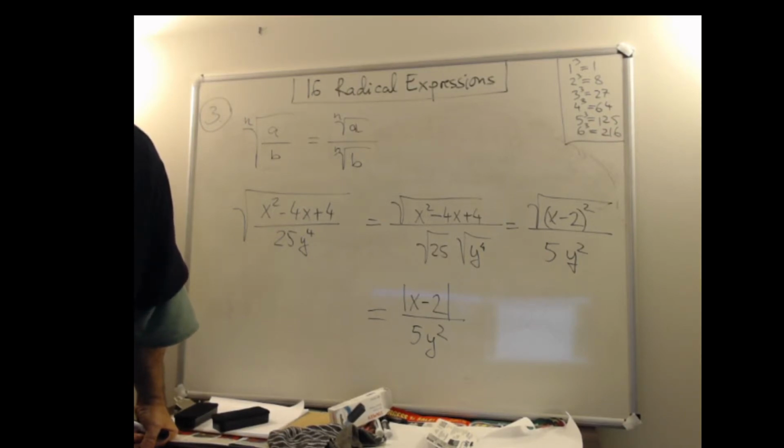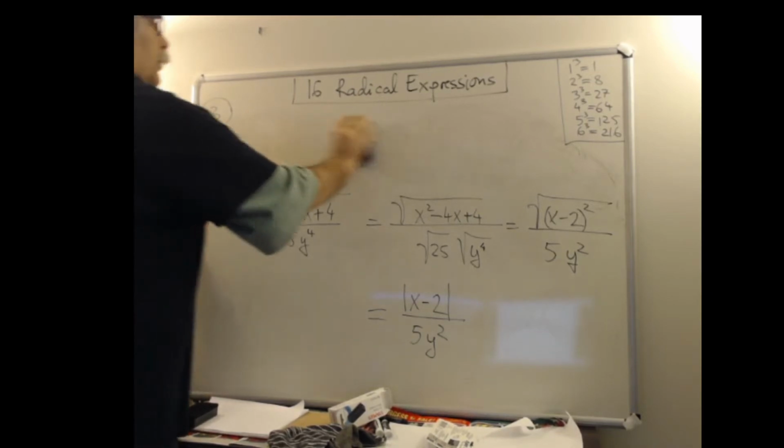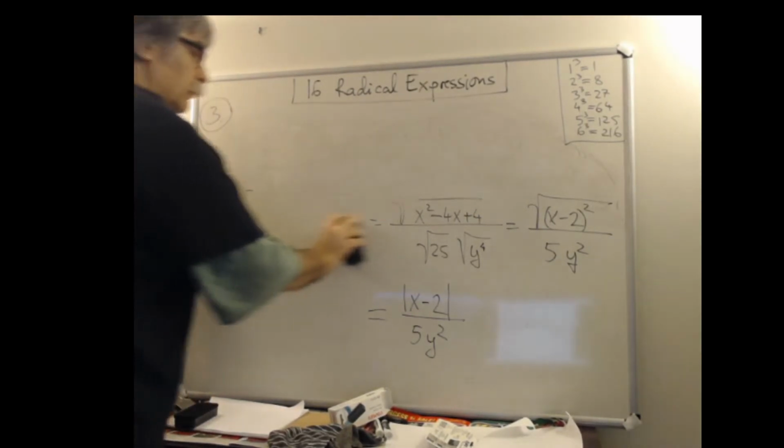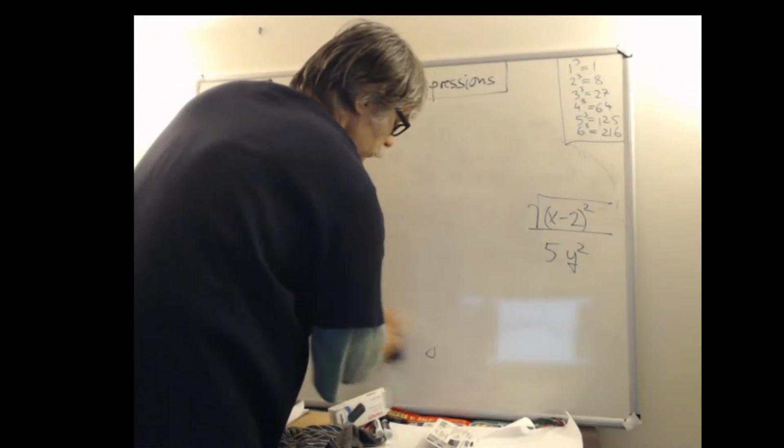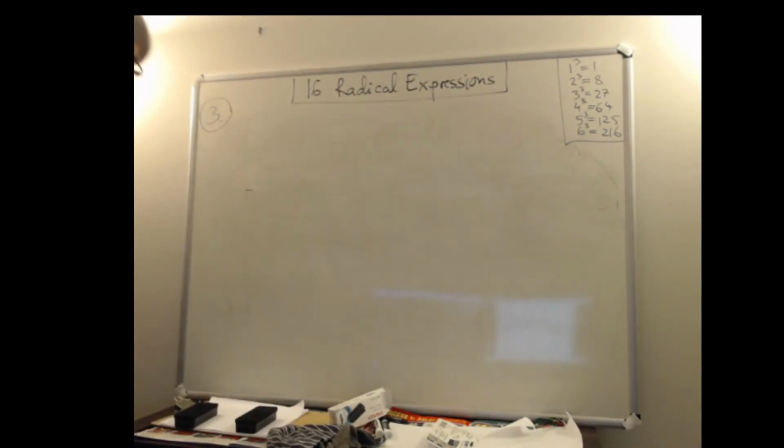One more property. Nothing special. Property number 4. When you do power of a power, you multiply the powers, right? The exponents.